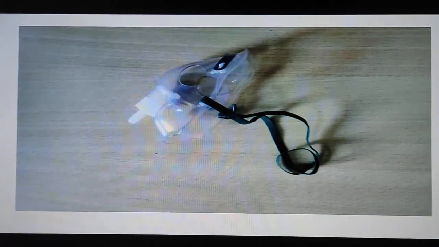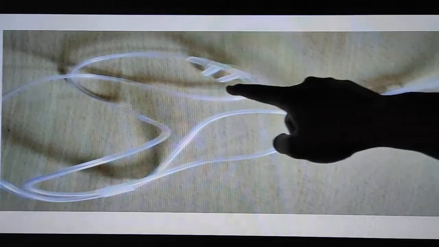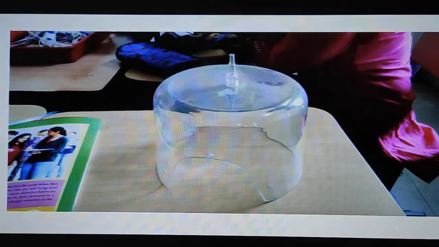This is simple oxygen mask. This is nasal prongs, for delivery of oxygen through the external nares. Next, this is oxygen hood or head box.